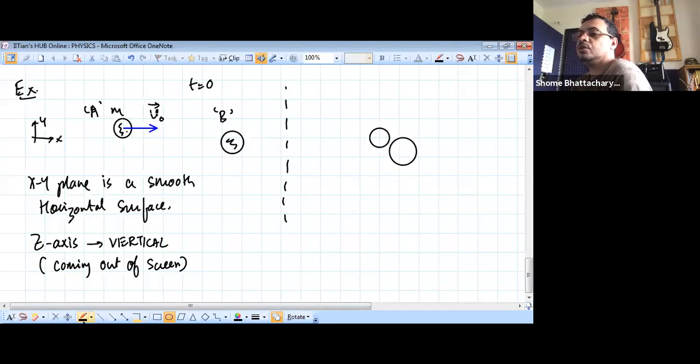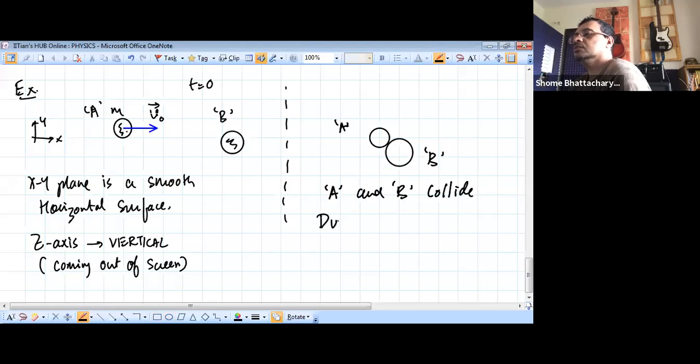So as they come in contact, let's say they are in contact for a very short duration of time. So A and B collide.